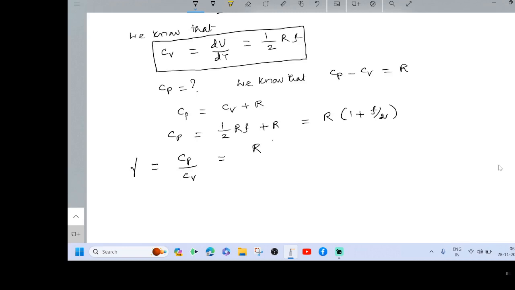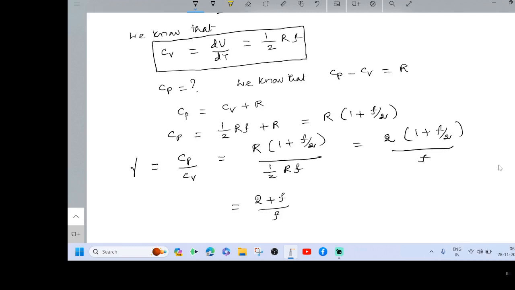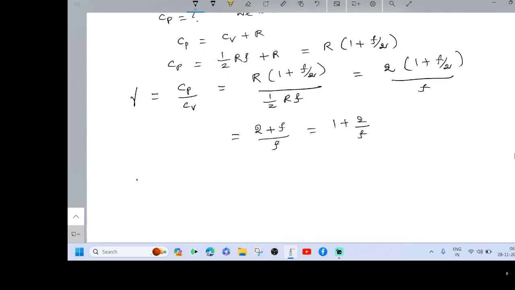Now the value of Cp is R into 1 plus F by 2, and the value of Cv is 1 by 2 R into F. This is equal to 2 into 1 plus F by 2 whole divided by F, which is equal to 2 plus F whole divided by F, which is equal to 1 plus 2 by F. This is the general relation for gamma: gamma equals 1 plus 2 by F. Here F is degrees of freedom.